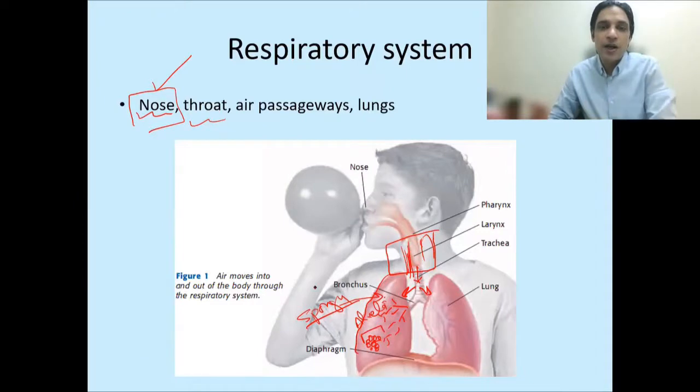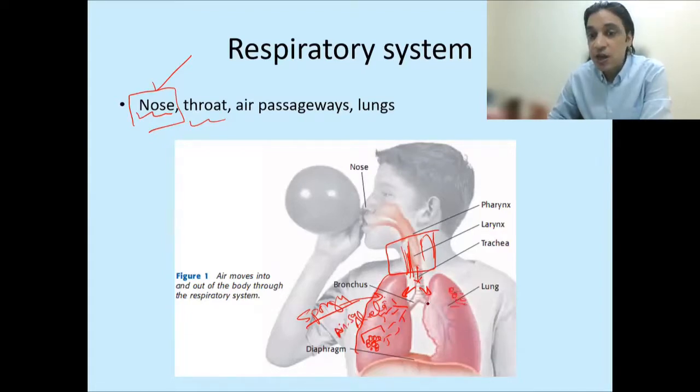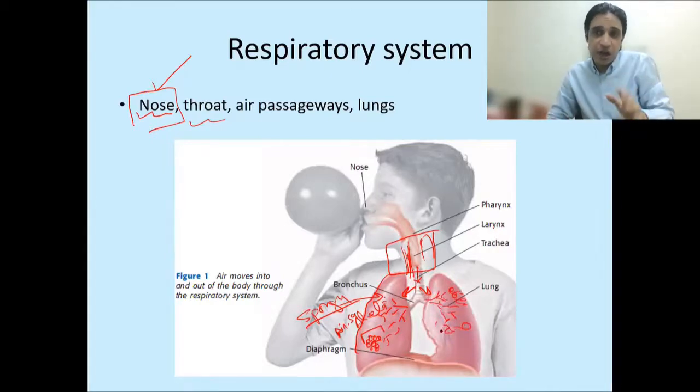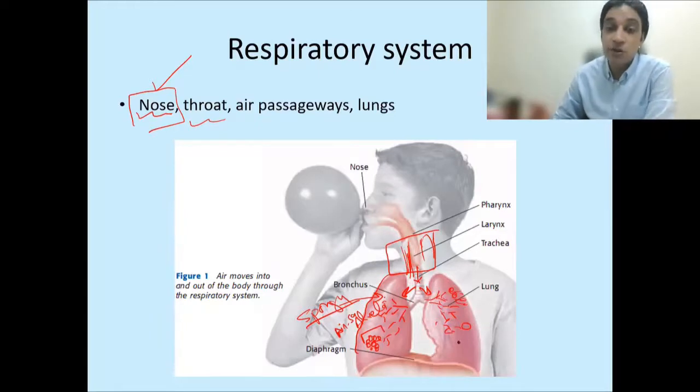They are also called air sacs. So all the lungs are made up of these tiny grape-like structures, and the air is supplied with the help of these air passageways, which divide and eventually meet with the alveoli. This is just like a general introduction. I am going to explain all these things one by one.